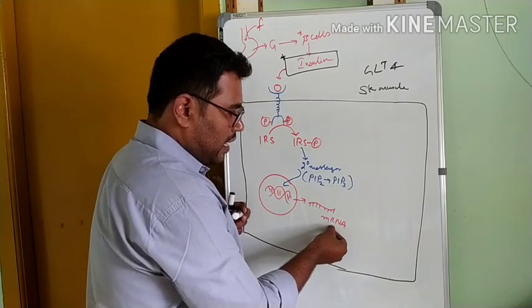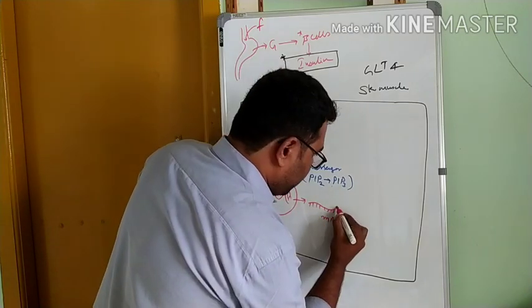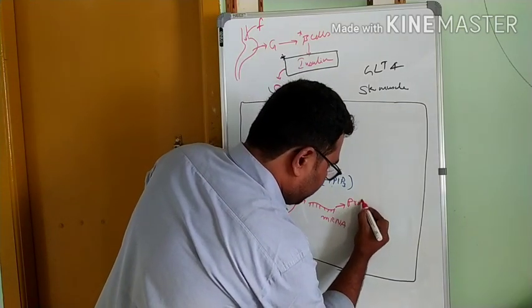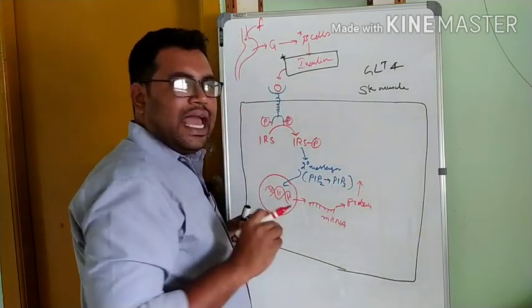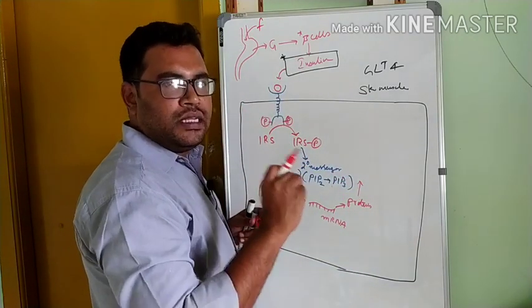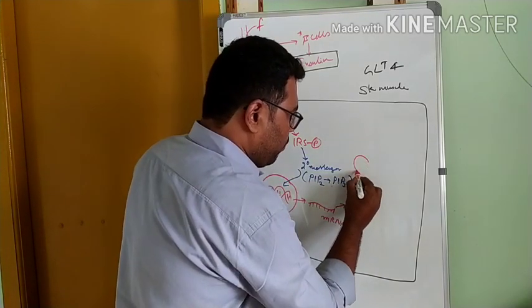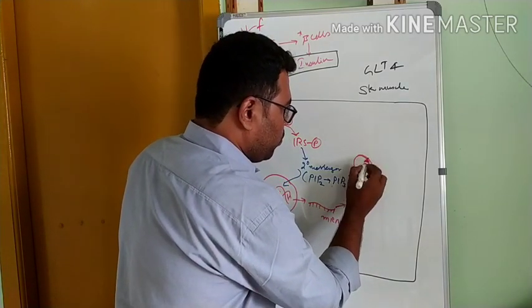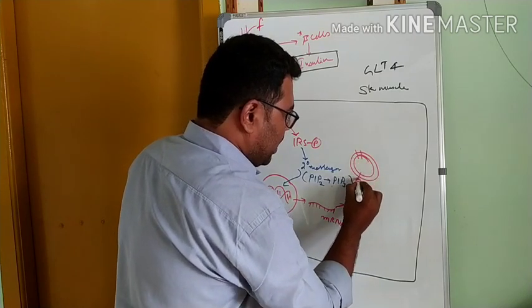Whenever this messenger RNA is released, it will produce some proteins. These proteins carry out the exact mechanism of what insulin is going to do. That is, these proteins will move substances extracellularly.